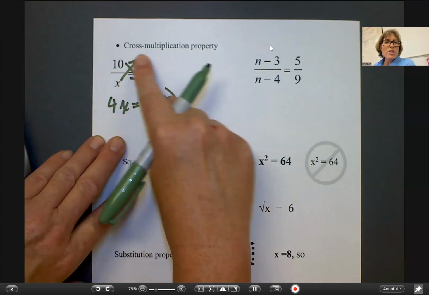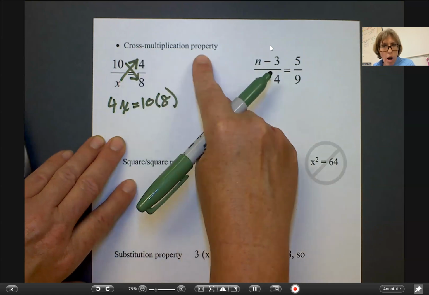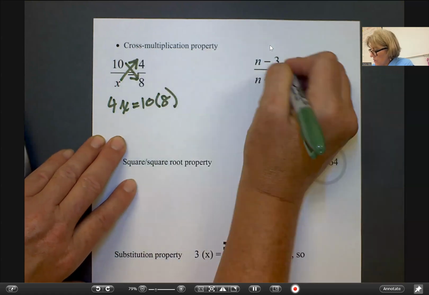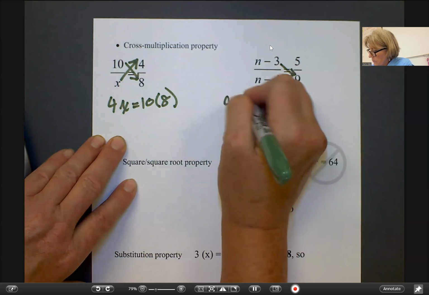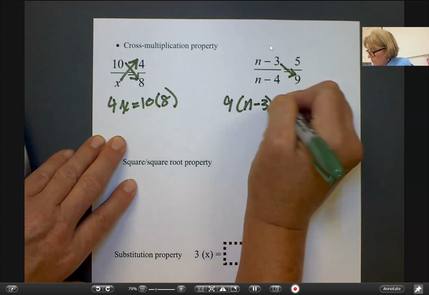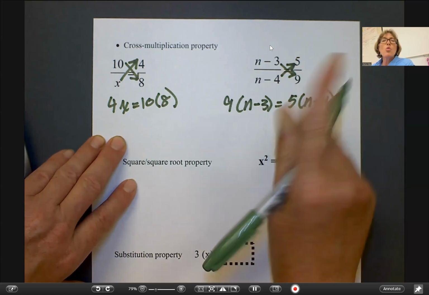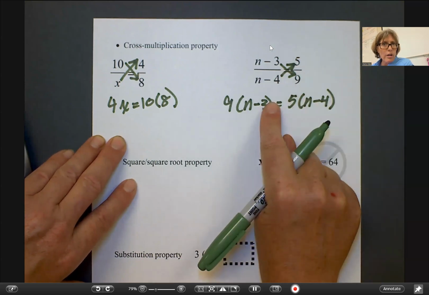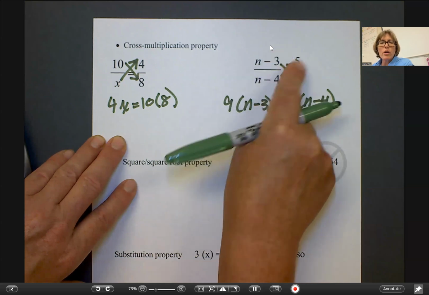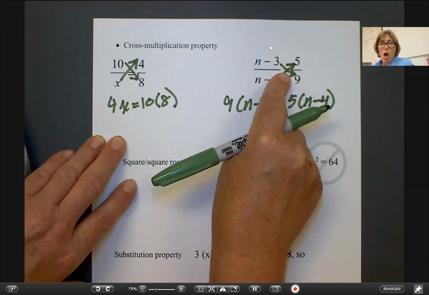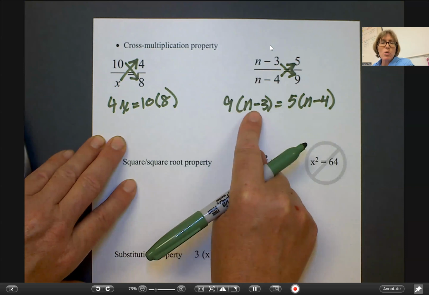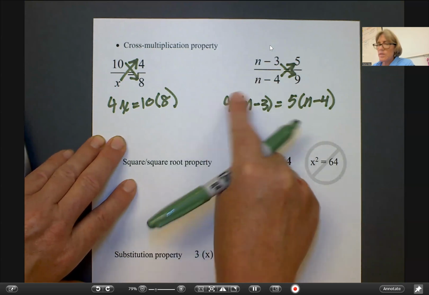That's called the cross multiplication property. Couple rules here. Always draw your cross multiplication arrows. Also, do not distribute and cross multiply at the same step. Those are separate steps. Notice I didn't instantly distribute.